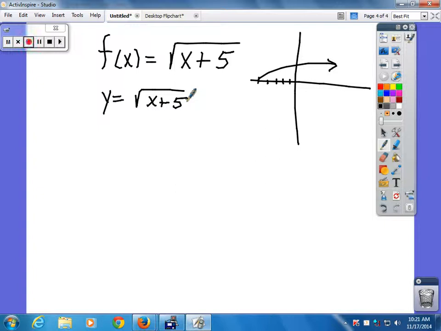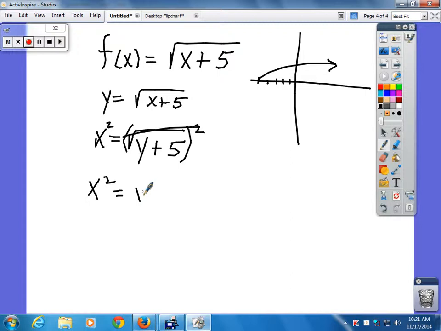Change it. I'm about ready to go home. x is equal to the square root of y plus 5. Square both sides. And that goes out. x squared is equal to y plus 5. x squared minus 5 is equal to y.